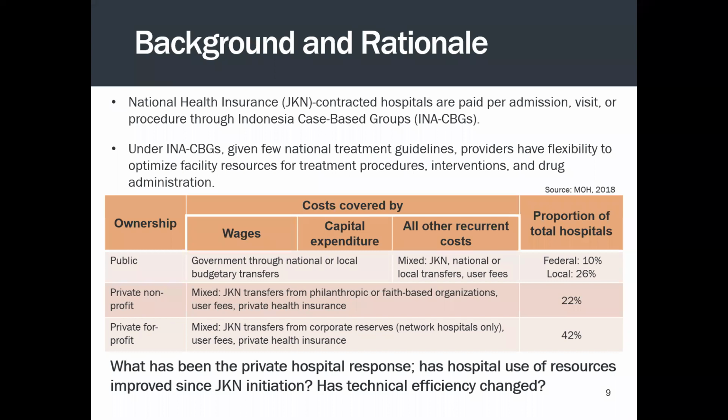And given that hospital expenditure accounted for 80% of JKN healthcare expenditure, and as of 2017, when this study was started, over 60% of JKN affiliated hospitals were in the private sector. Our analysis aimed to discern whether hospital use of resources had improved since JKN initiation, that is, whether technical efficiency had changed.